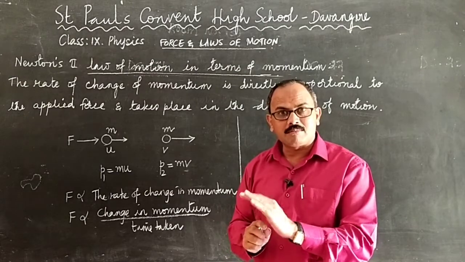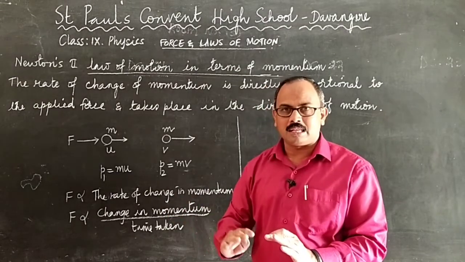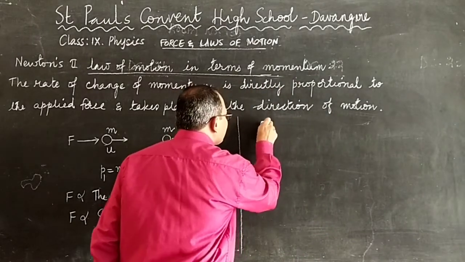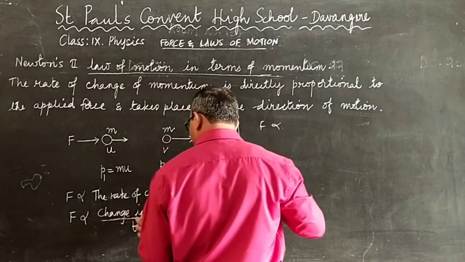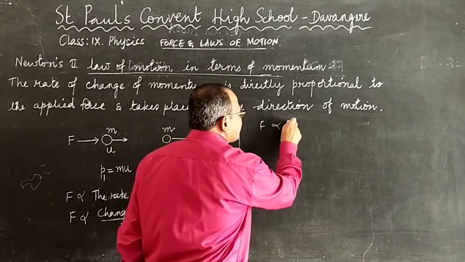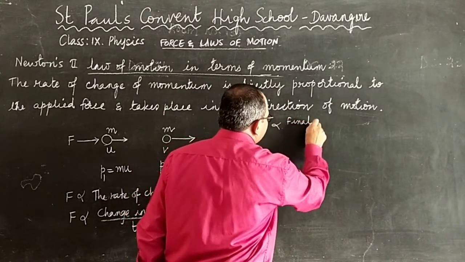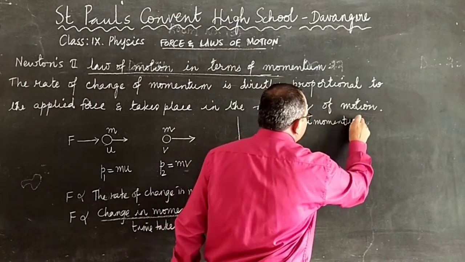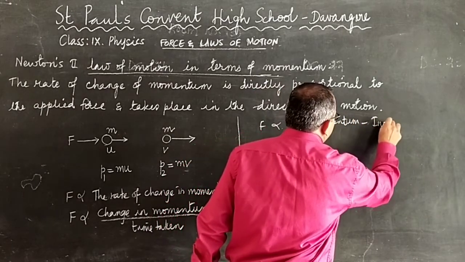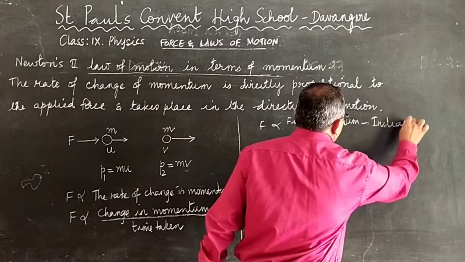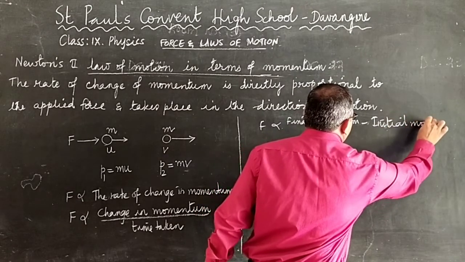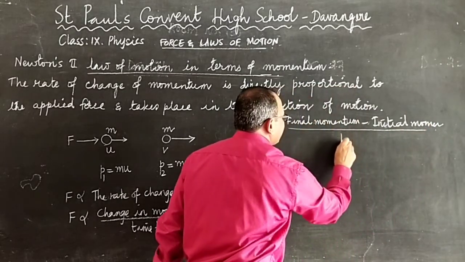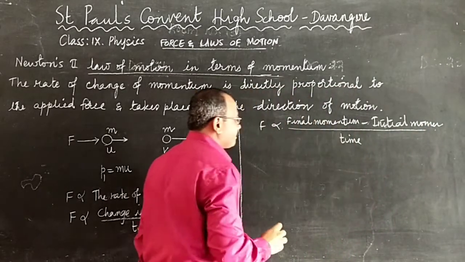Change in velocity means final velocity minus initial velocity. Therefore, F is proportional to change in momentum, which means final momentum minus initial momentum, by again time taken, children.